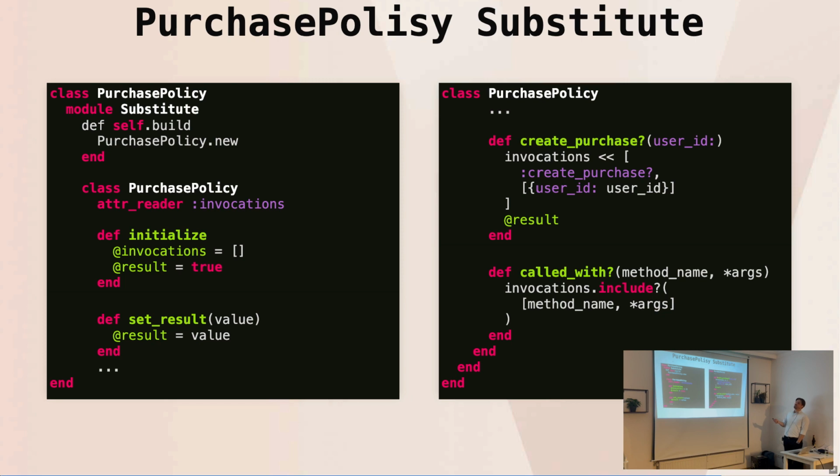When our substitute receives create purchase with argument user ID, it has internal memory. We can think about that as an instance variable, which is just a list of all saved method names which the substitute received, and also the arguments that it received.